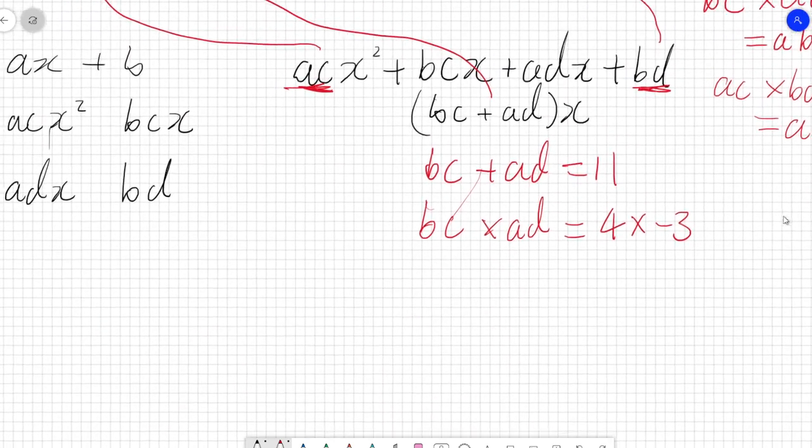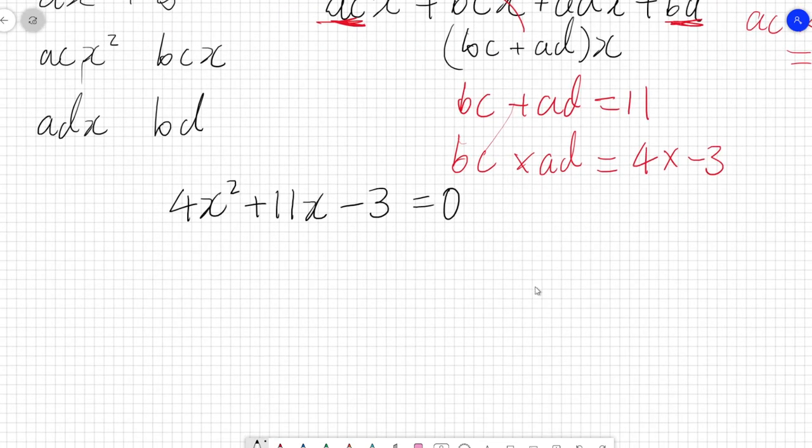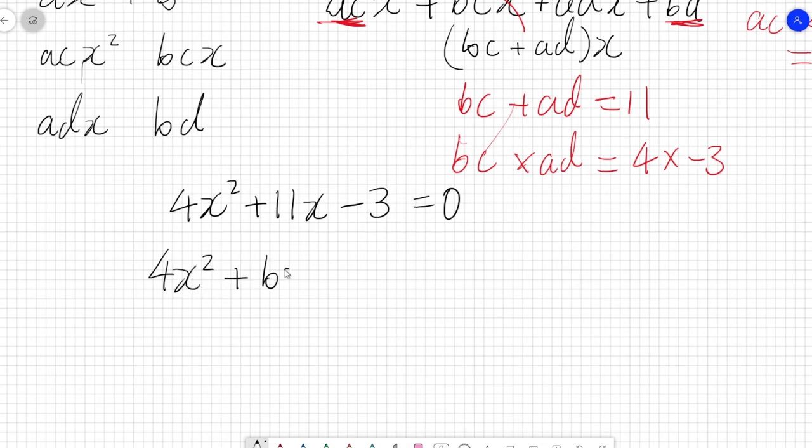We're trying to go from 4x squared plus 11x minus 3 equals 0. We're trying to take one step back. We're trying to break it down into 4x squared plus bcx plus adx minus 3 equals 0.